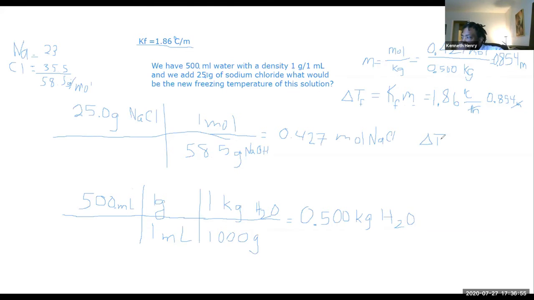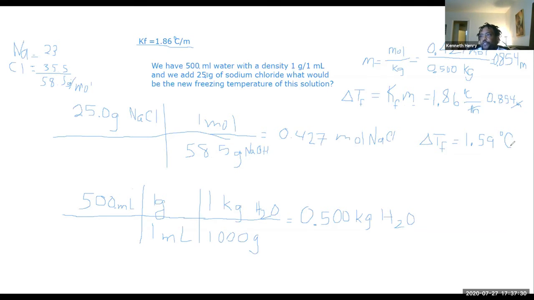So your delta TF is going to equal 1.59 degrees Celsius.